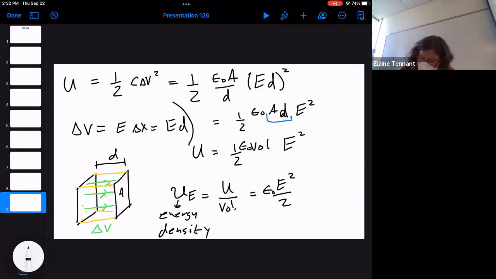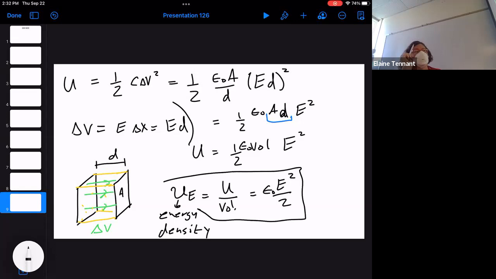Okay. This is going to take us to the end of the semester to actually use, but we will use this. Remember it when we come back, and we're going to do the same thing for magnetism. Remember it a lot. Sound okay? So if you have an electric field and it's filling some volume, this is the energy density in that electric field.